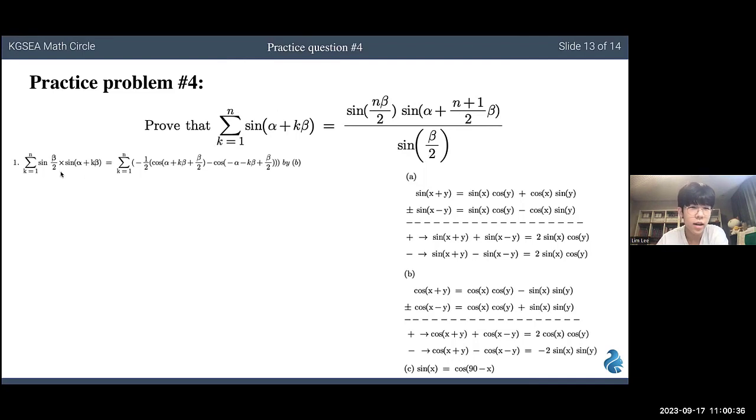And therefore, if we do that, sine beta over 2 times sine alpha plus k beta is equal to negative 1 over 2 times cosine alpha plus k beta plus beta over 2 minus cosine alpha plus k beta minus beta over 2.